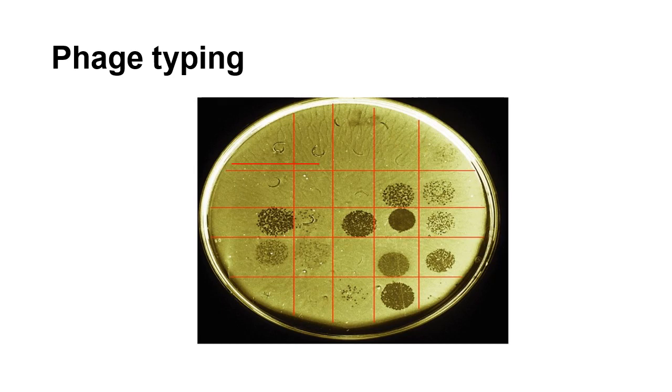So in each of these squares, you've seen them, we have plated or placed a particular strain of virus. All right, and then again we've incubated it, and the next day we see which virus killed the bacteria and which didn't. So in all these squares, what do you see? You do not see any lysis. However, in these squares, you can see the lysis.